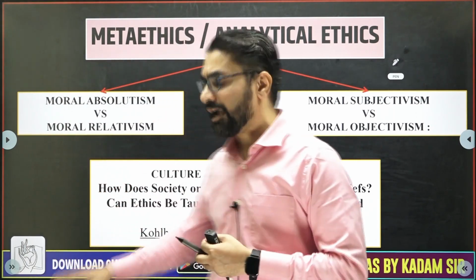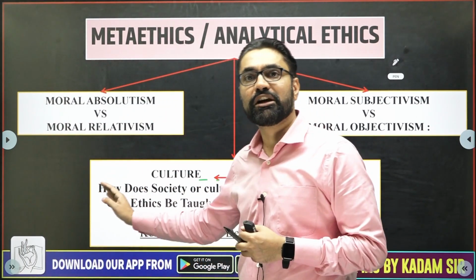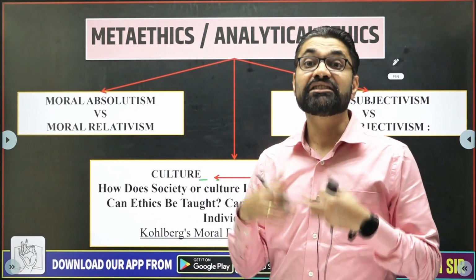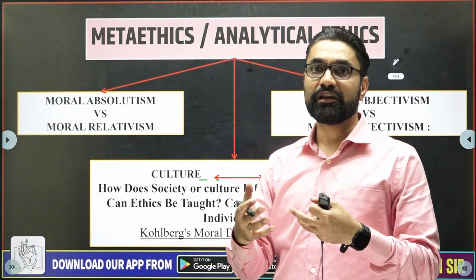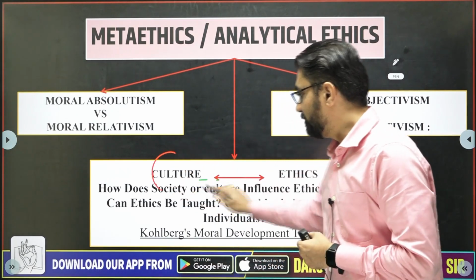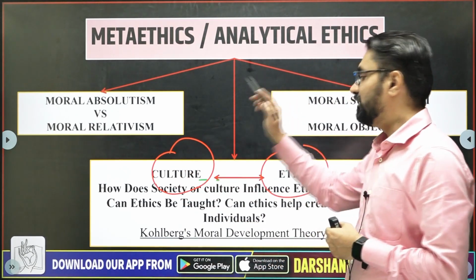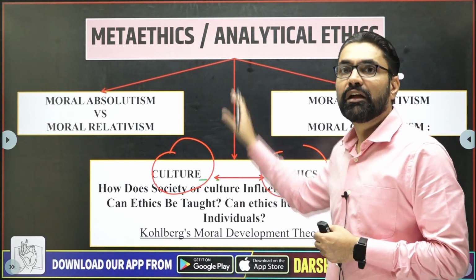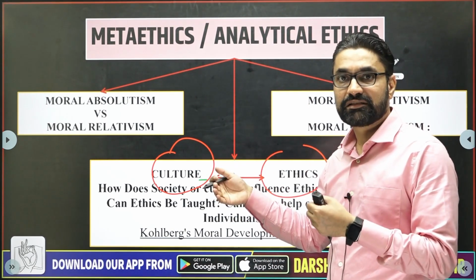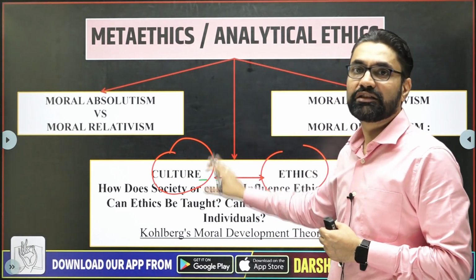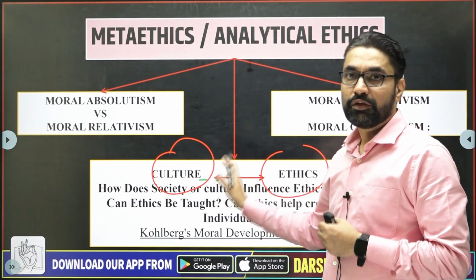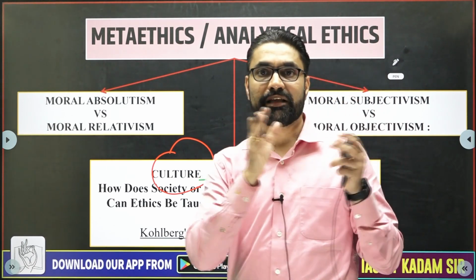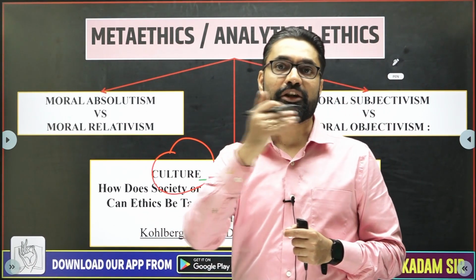This dimension is nothing but the point we have already discussed just now, that is determinants of ethics, where we learn ethics from. What is the relation between culture and ethics, or religion and ethics, society and ethics? So this debate, determinants of ethics, also comes under the topic of meta-ethics. In your syllabus, the topic is dimensions of ethics, under which there are three branches: descriptive, normative and meta-ethics.